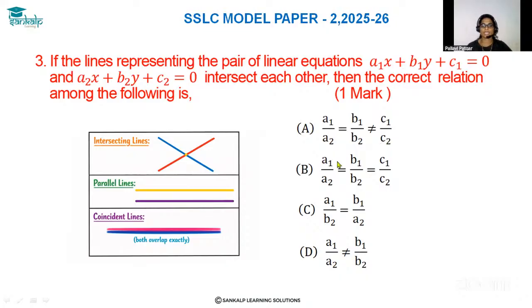B, a1 by a2 is equal to b1 by b2 is equal to c1 by c2. C, a1 by b2 equal to b1 by a2. D, a1 by a2 is not equal to b1 by b2.